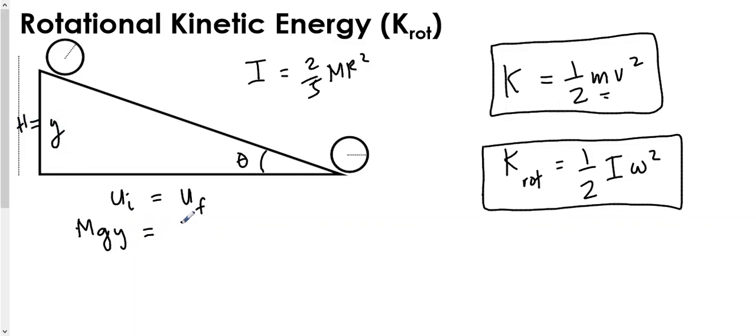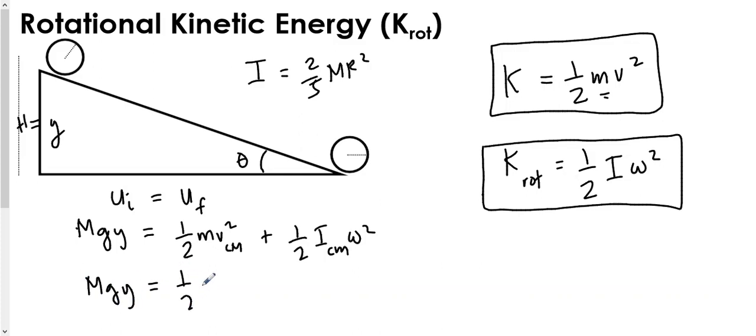Okay, and then we have the linear kinetic energy, where v is the velocity of the center of mass, plus the moment of inertia about the center of mass as well, times the square of its angular speed. Let me just write down the velocity, the velocity of the center of mass.